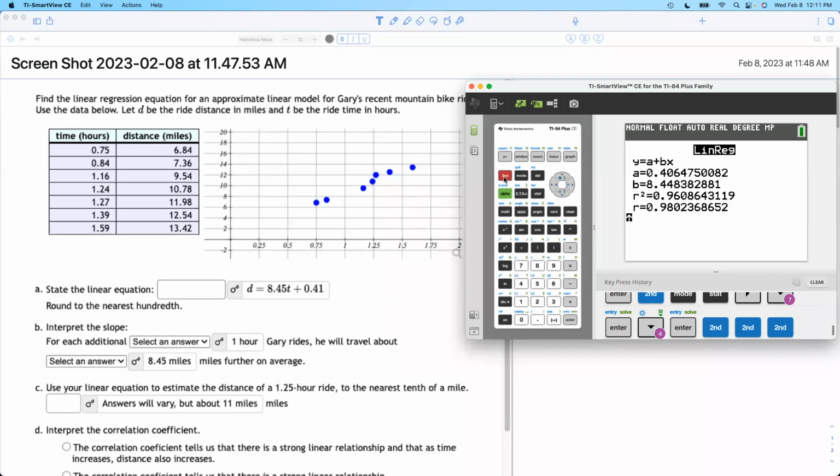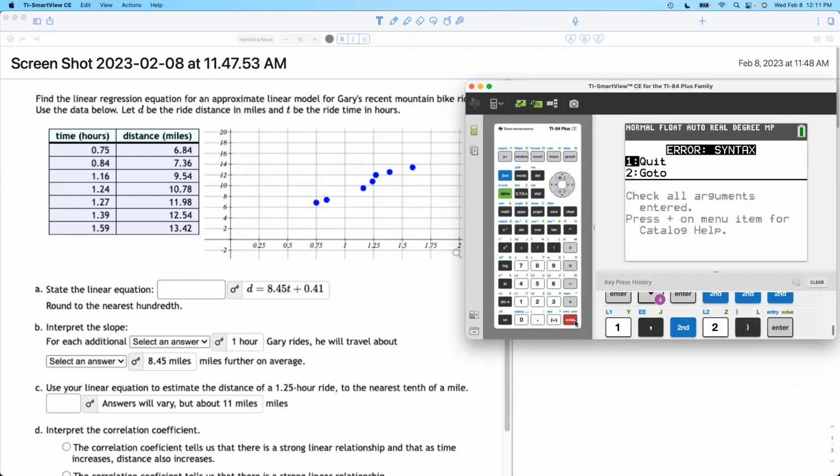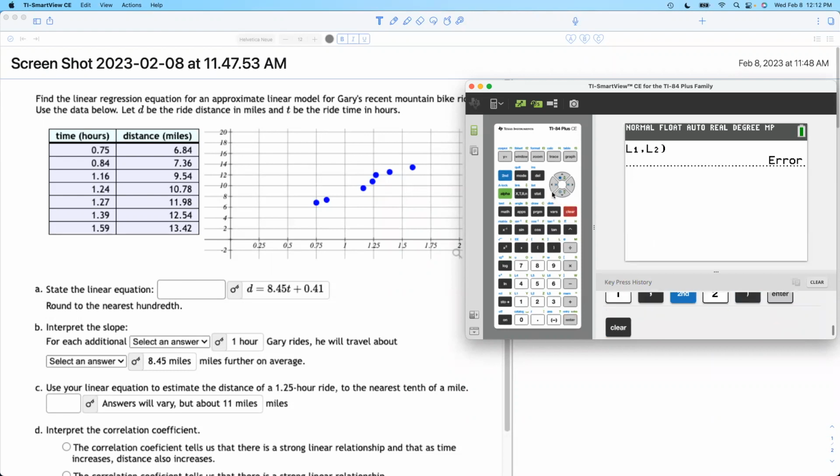You would hit second 1 to get L1, comma, second 2 to get L2. So your screen would say linear regression, L1, comma, L2. You would close your parentheses and hit enter. If I do it now, that's not going to work here. Make sure you know how to do this on your calculator, because that's all you'll have for the midterm.